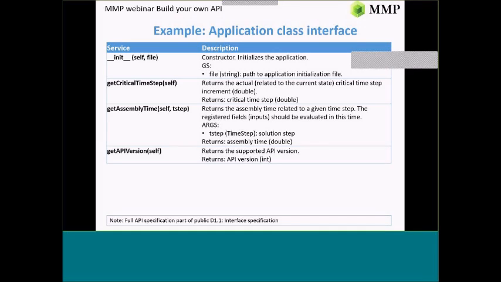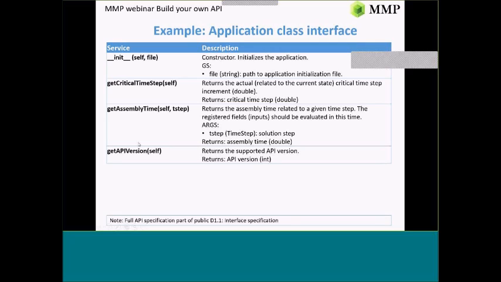The init method, the so-called constructor, is called when the application instance is to be created, and its role is to initialize the application state. This process is highly application dependent, of course, so here it is assumed that the problem description is provided by a domain expert in an application-specific input file, which is a parameter of this method.